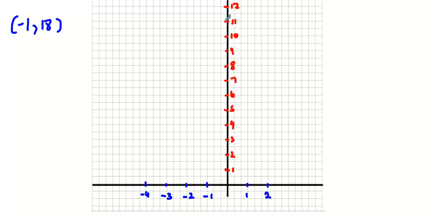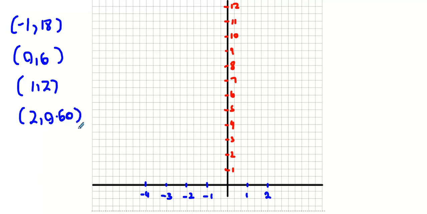So this graph now doesn't work because we don't go as high as 18, so we're going to have to fix that right away. -1, 18, 0, 6, 1, 2. It's this one here. And then we have 2 and 0.666, which is roughly 2/3. And then we have 3 and 0.222.